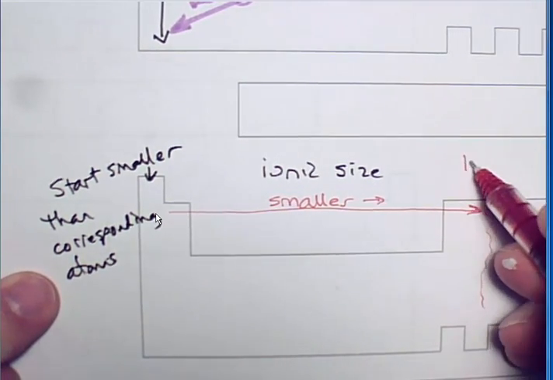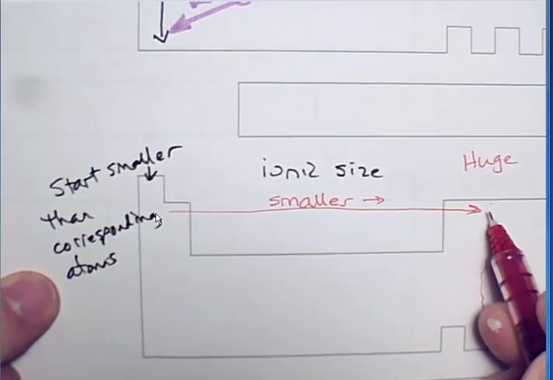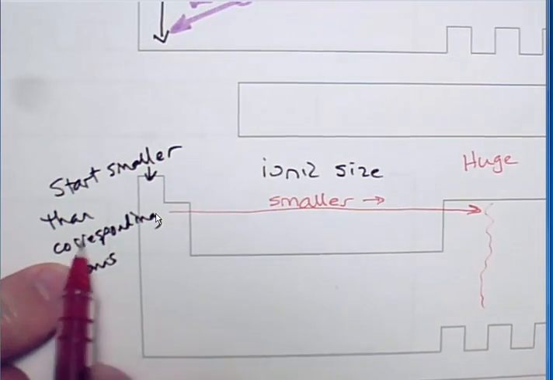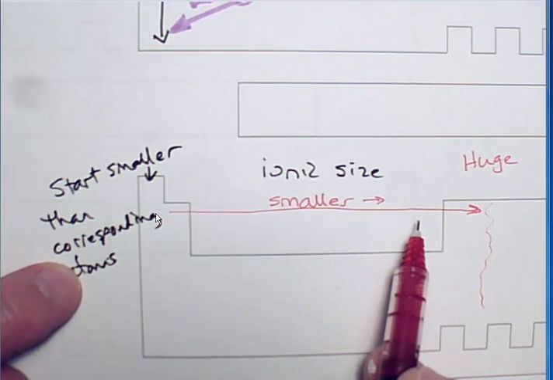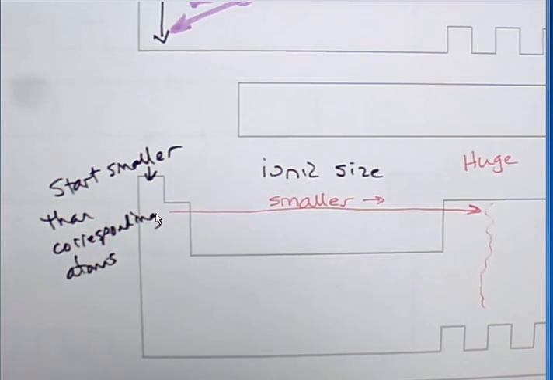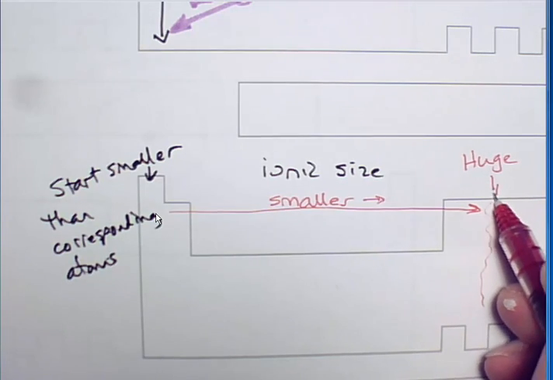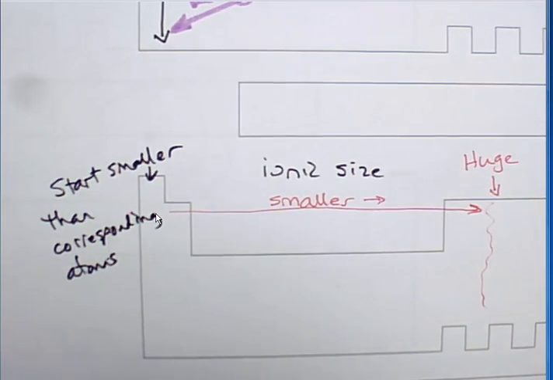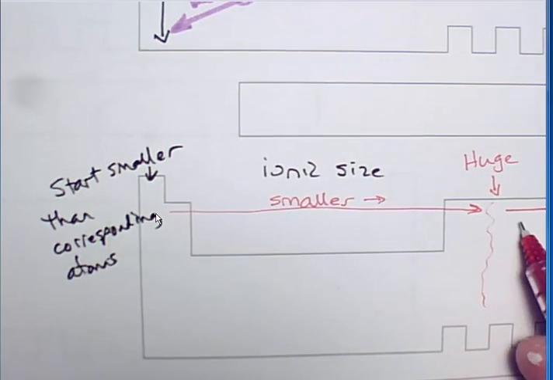Right along there, this is where they start to gain electrons. So they're losing electrons, they're getting smaller by the shielding effect, and by virtue of the fact they're losing more electrons as we go to the right. Then we get over here, we start to gain electrons instead of losing them. So they get huge right along here. They just swell up, huge.